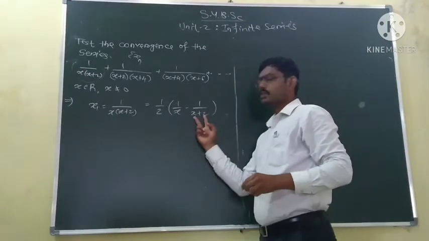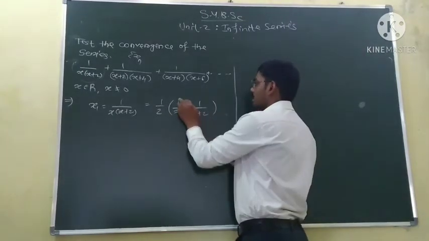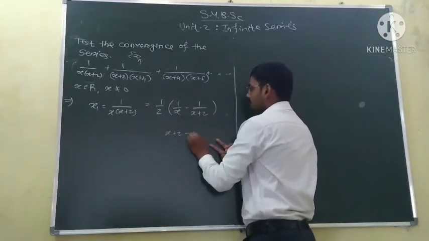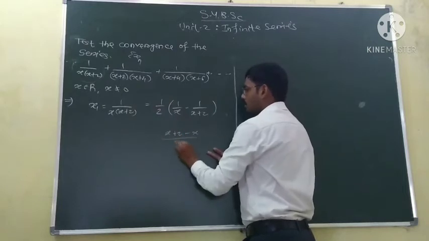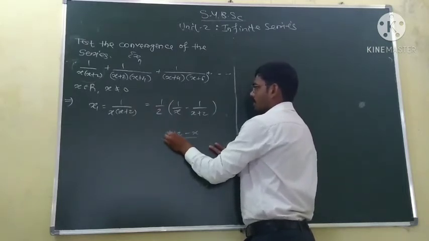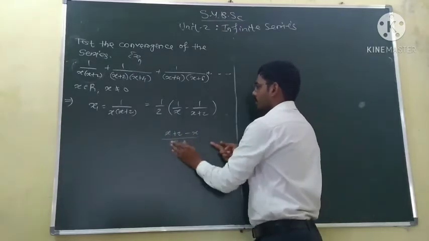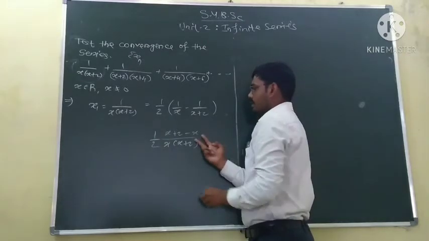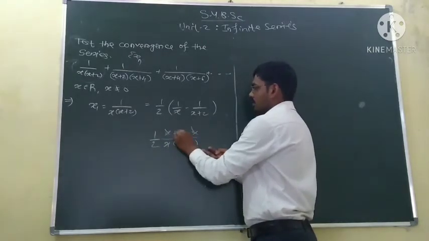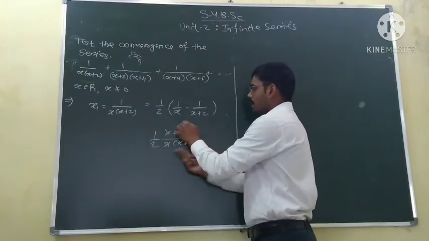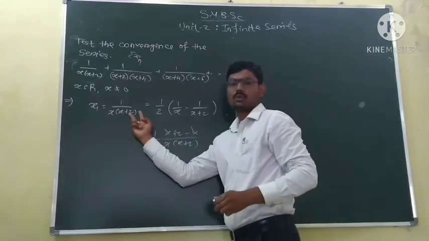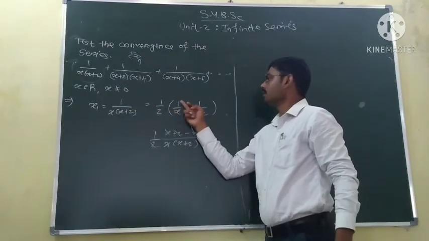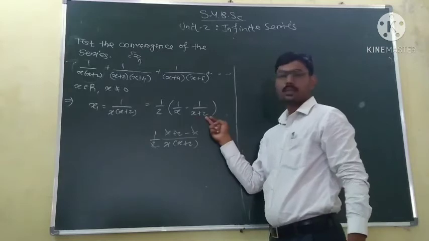If you do the calculation, x plus 2 minus x upon x into x plus 2, and this is half. The 2 gets cancelled, and only 1 upon x into x plus 2 remains. So 1 upon x into x plus 2 is equal to 1 half into 1 by x minus 1 upon x plus 2.